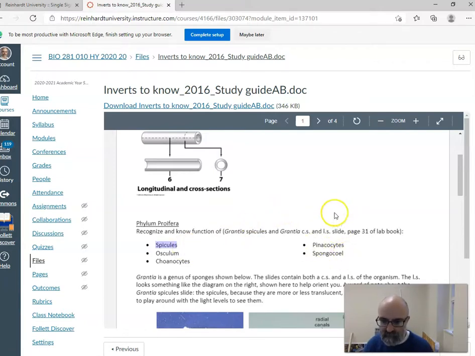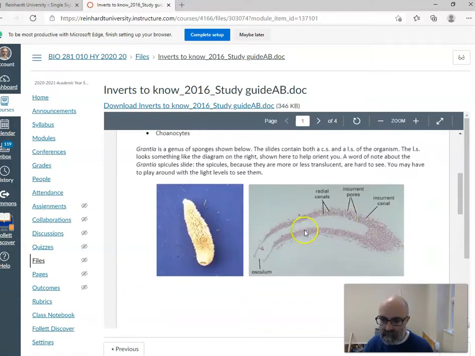The spongiocele is basically this long opening. Here's the spongiocele. Here's the osculum. So water goes in through these little incurrent pores, these little holes here, into the spongiocele, out the top of the osculum. Here is a Grantia slide, whole organism. It would be attached to the substrate here. This is kind of upside down. The water would come in through these things called ostium. It would go into the spongiocele and out the osculum.